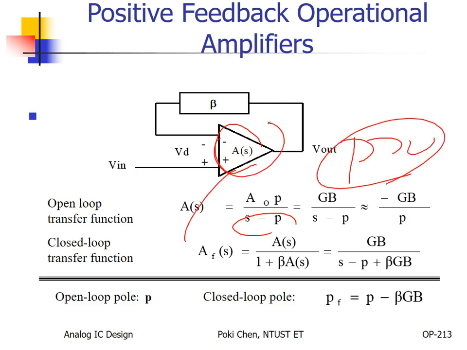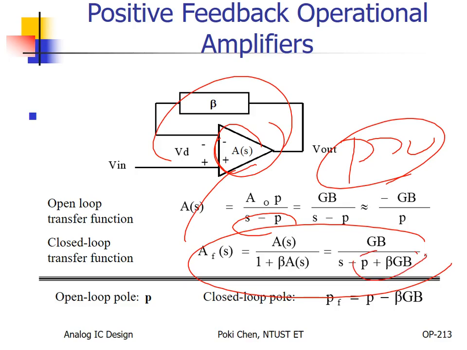So the pole of the amplifier is in the right half plane. It is unstable. After feedback, we get this, right? And hopefully, this one is positive. P minus beta GB. Okay? I hope this is negative. Sorry. It should be negative. Okay? So allow me to show you.